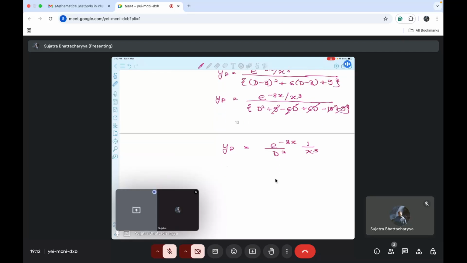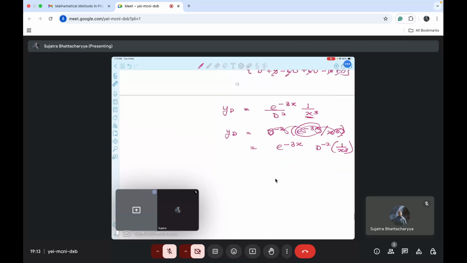So what will you do now? Just take it out: 1 upon D square, e to the power minus 3x, and 1 upon x cube. Alright, so this 1 upon D square will be only on this phi of x, okay? So e to the power minus 3x, and it will be 1 upon D square of 1 upon x cube. That's all what you have to do. So this becomes e to the power minus 3x times 1 upon 2x.